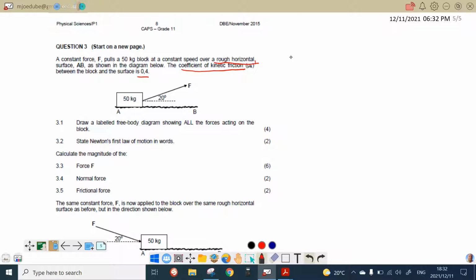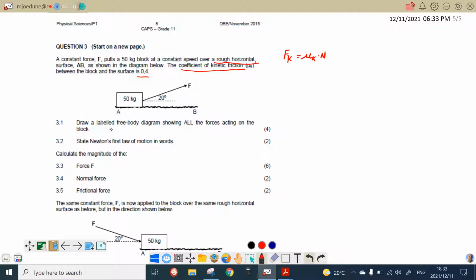Remember that the frictional force Fk or Ff is equal to mu k, that's the coefficient of kinetic friction, multiplied by the normal force, and the normal force in this case is going to be quite simple and straightforward to work out. However, we need to look at the rest of what the question says. Then when we get to that point, we will apply that.